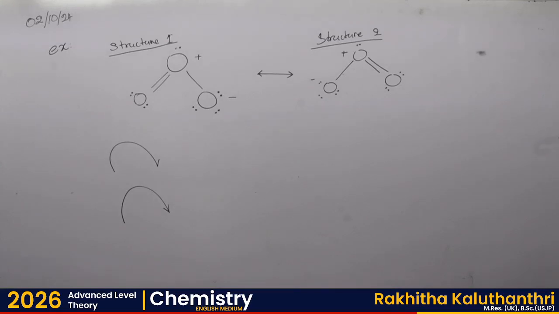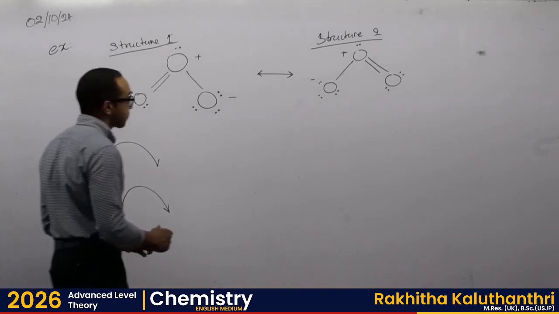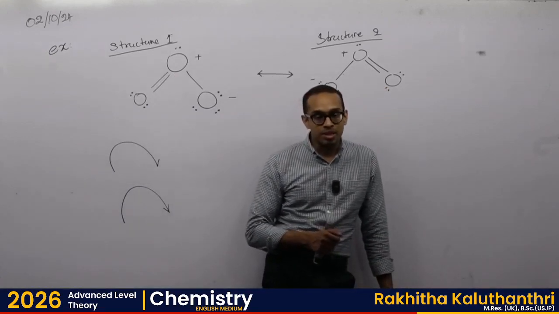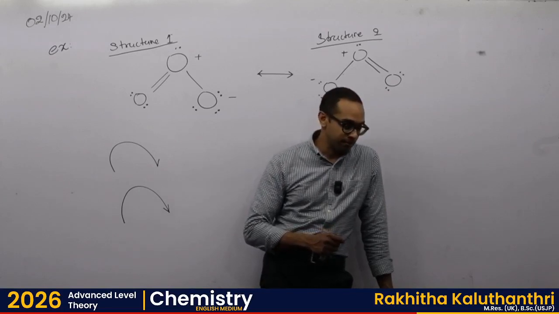The arrow should always start from a place where there are electrons and point towards an atom, or between two atoms.